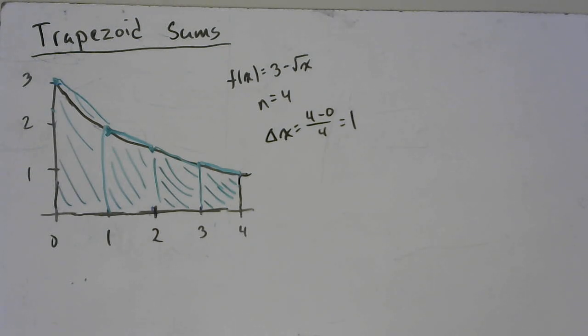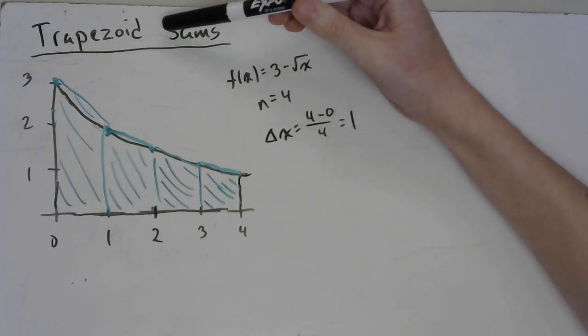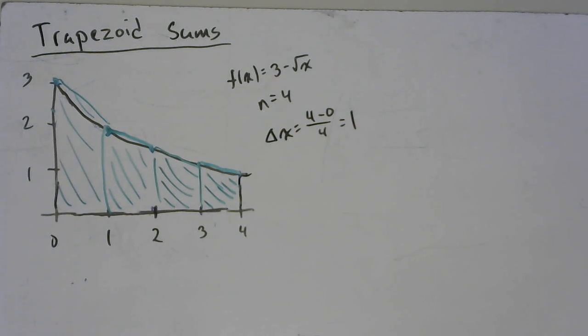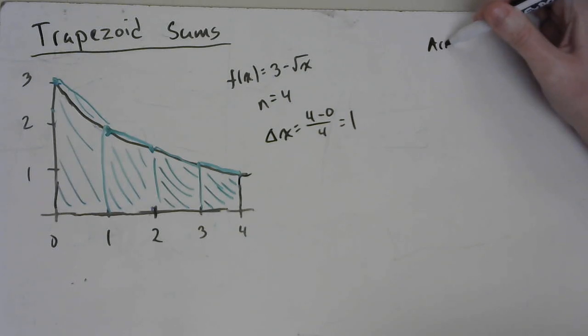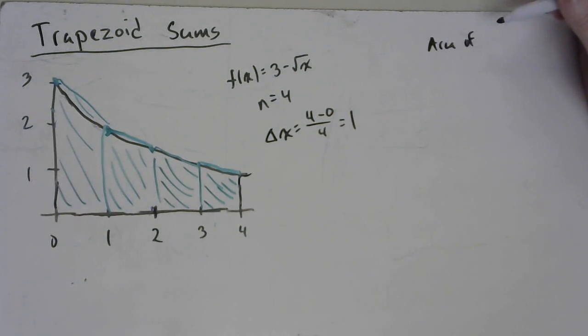So with rectangles we had a nice formula. These are more unusual shapes. We've got this word trapezoid hanging out over here. So if you think back to elementary school geometry, you may have learned the formula for the area of a trapezoid.